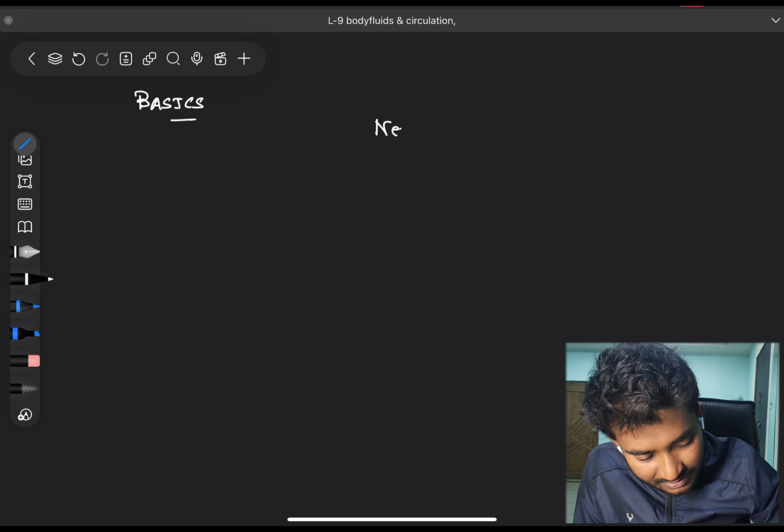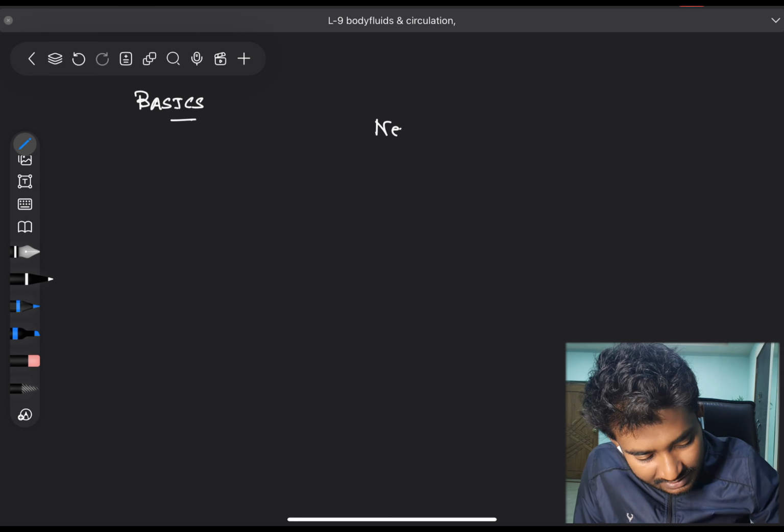Let this be the cardio acceleratory center, which is a center in the medulla, and this is the cardio inhibitory center.